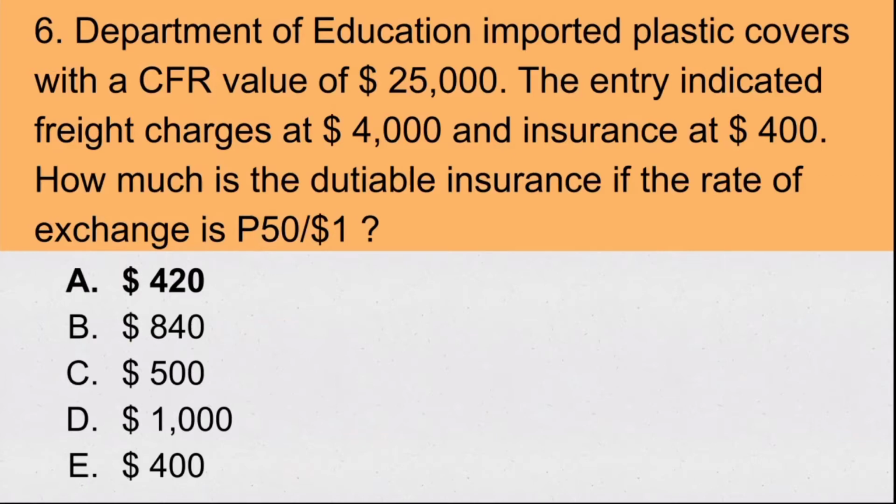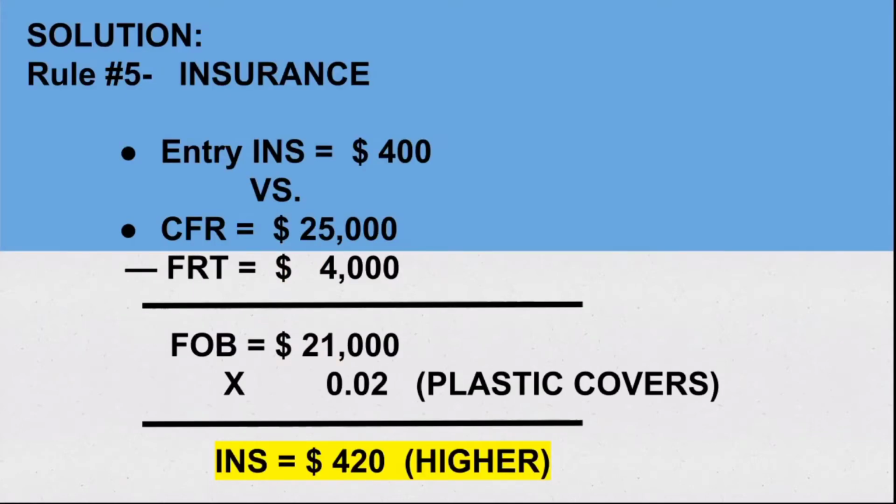So here's the solution of this problem. According to rule number 5 of insurance, which is ever higher ta sa entry of insurance and sa FOB nga insurance. So our entry insurance, we have $400, which is given na siya daan sa problem, versus nato sa CFR. Again, CFR, to get the FOB, we need to subtract the CFR and the freight.